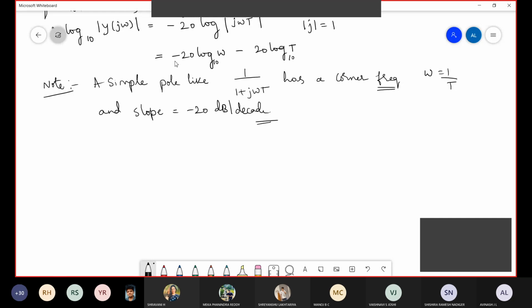If that is not the case and only simple poles come into the picture, then for every simple pole the slope we get is minus 20 dB per decade, and the corner frequency is 1 divided by T. How this is done, we will discuss in the numerical.